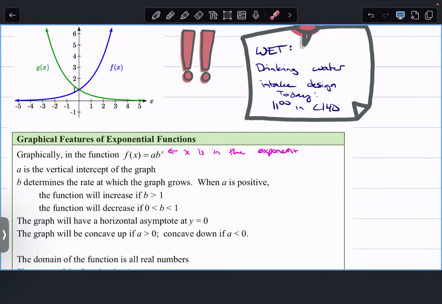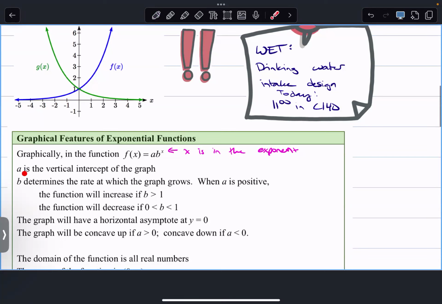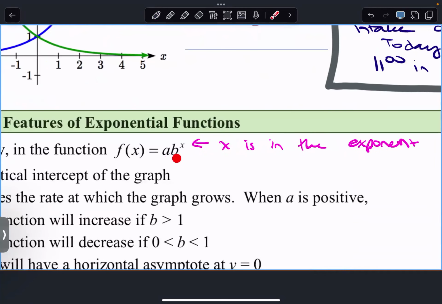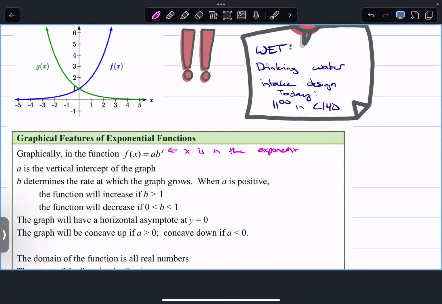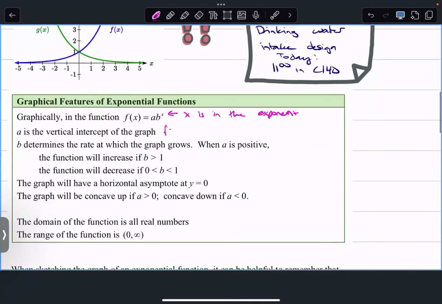Now, a is the vertical intercept of the graph. So when x is 0, the function is a. Why? Because a times b to the power of 0, and anything to the power of 0 makes 1. So f of 0 is a times b to the power of 0, which is a times 1, which is a.